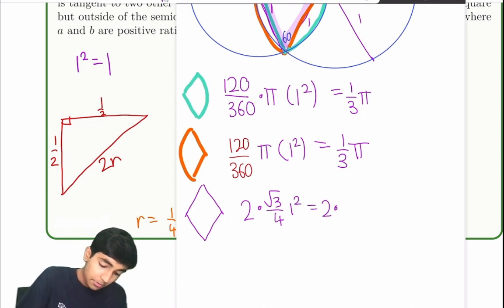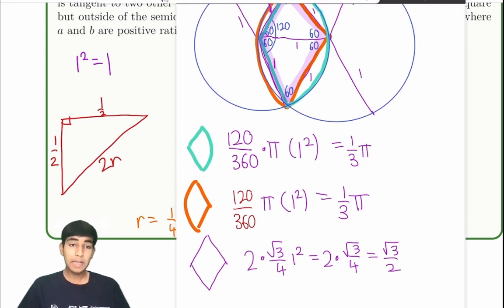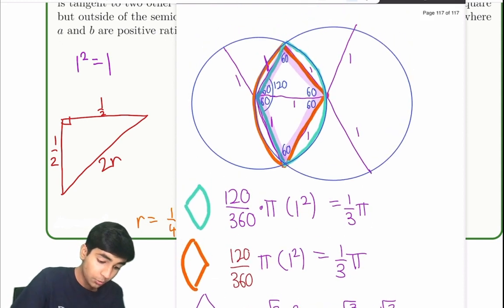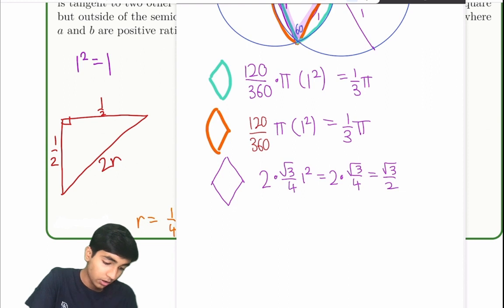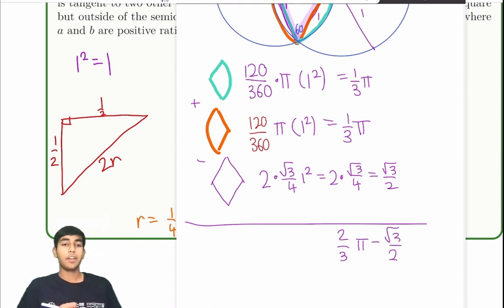That's 2 times √3 over 4, which is √3 over 2. So the area of the lune is the sum of the areas of these 2 arcs minus the area of the rhombus, which is 2/3 pi minus √3 over 2. And that is it for this one.